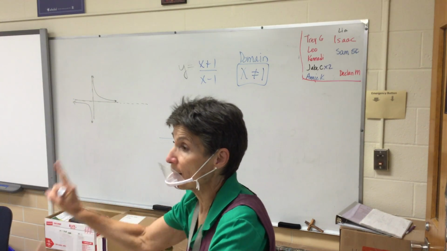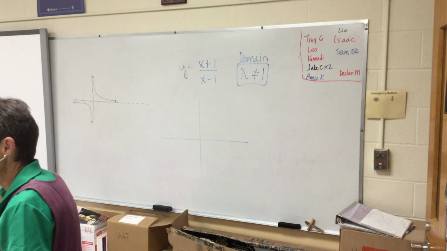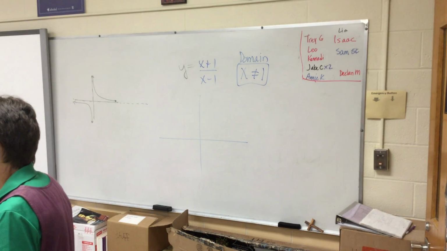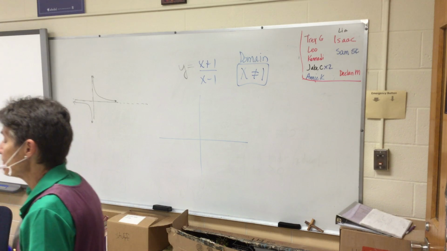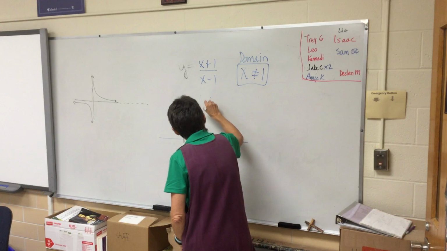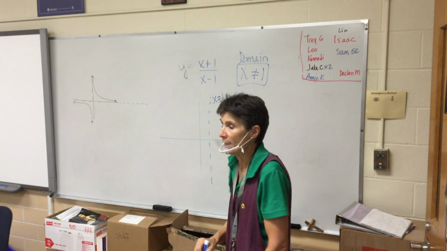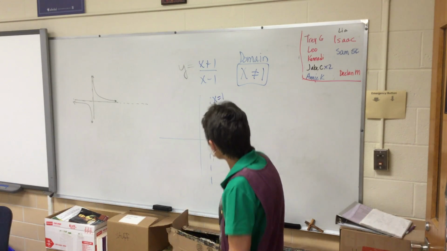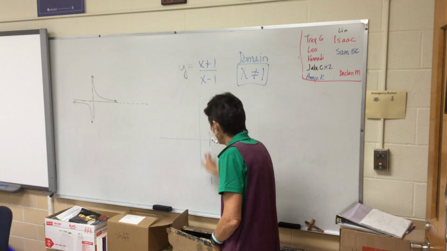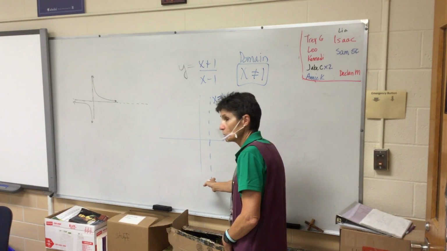Here's the joyous great news. Whatever x cannot be is your vertical asymptote. So the fact that you can tell me that x cannot be 1 means we have a vertical asymptote at 1. This is the line where x equals 1 right here. It's a vertical line where x equals 1.